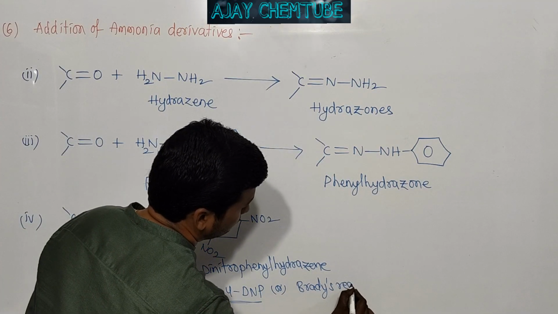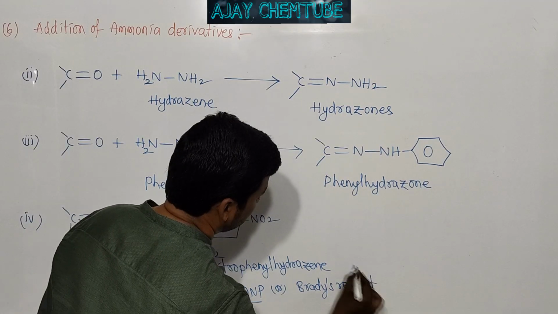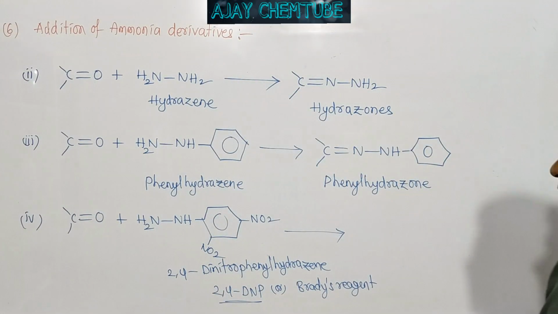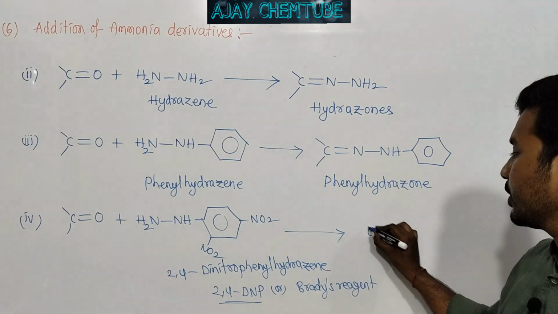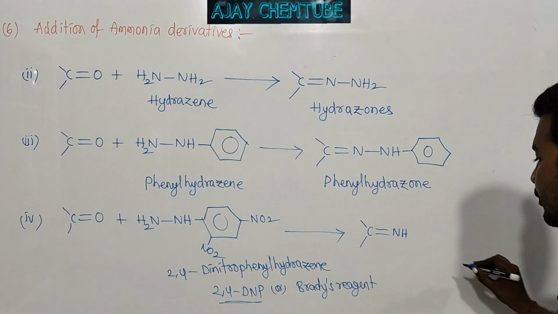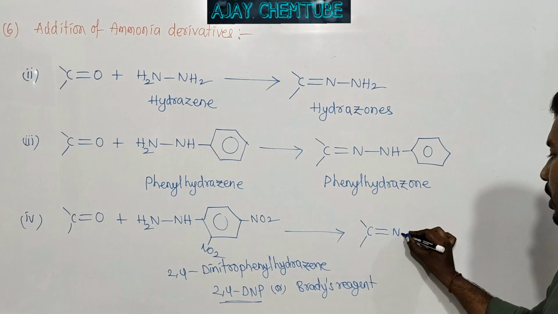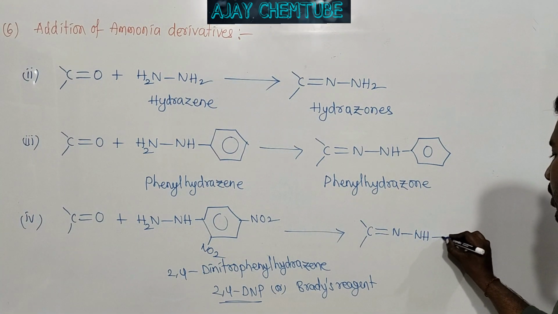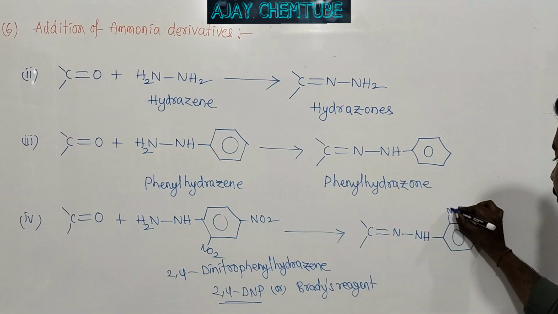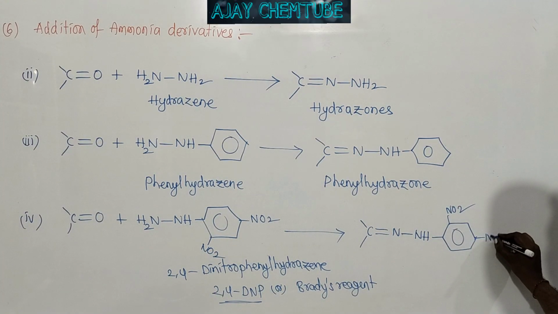Brady's reagent. This reaction is useful in identification of aldehydes and ketones, carbonyl compound identification, because with 2,4-DNP it forms red-orange color crystals.